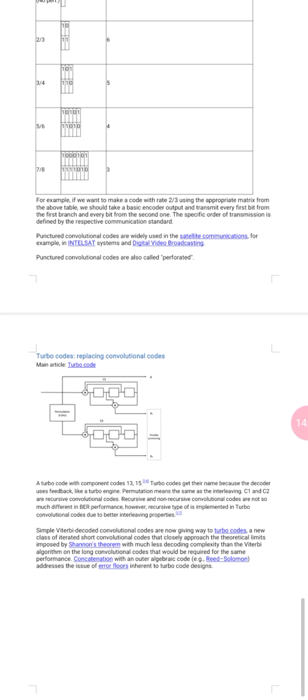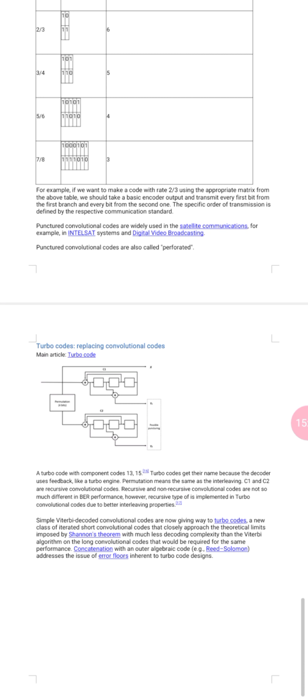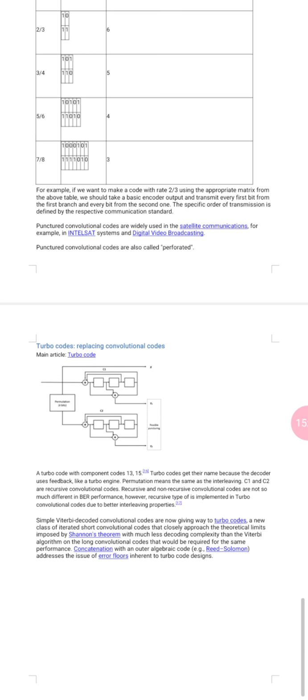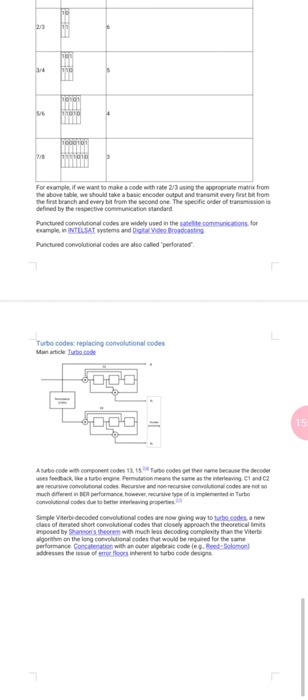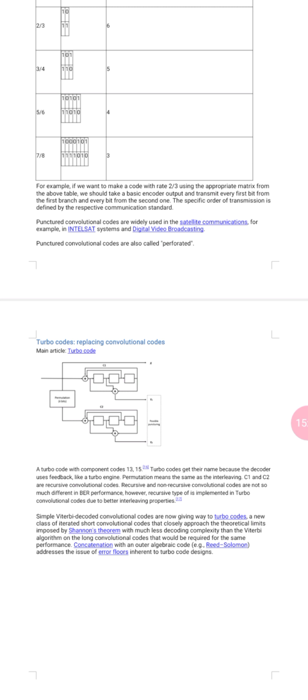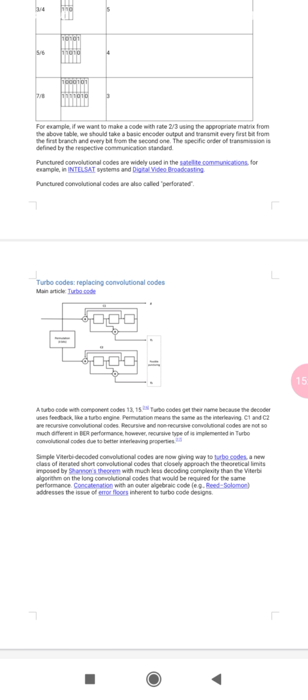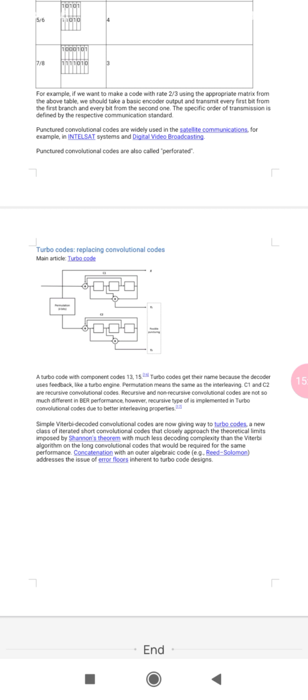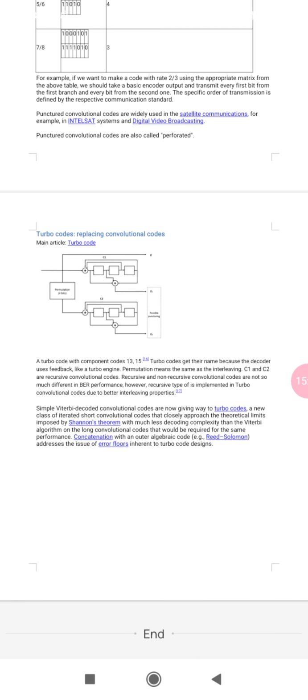The specific puncturing and transmission is defined by the respective communication standard. Punctured convolutional codes are widely used in satellite communication, for example the Intelsat system and digital video broadcasting.